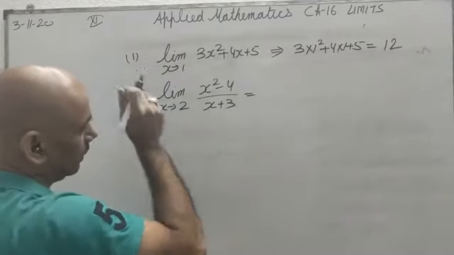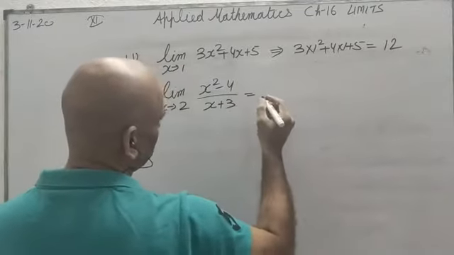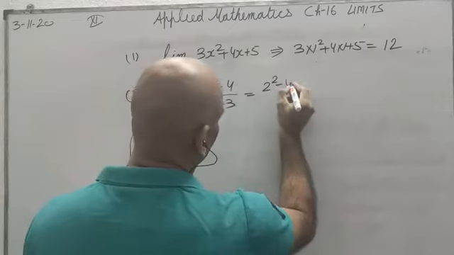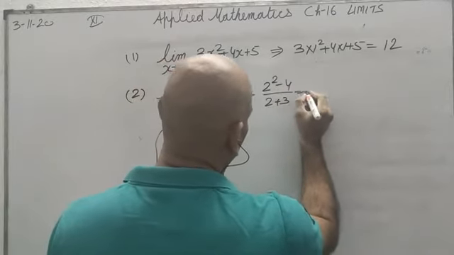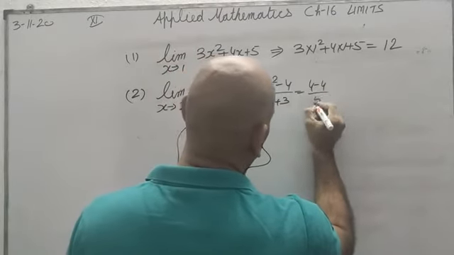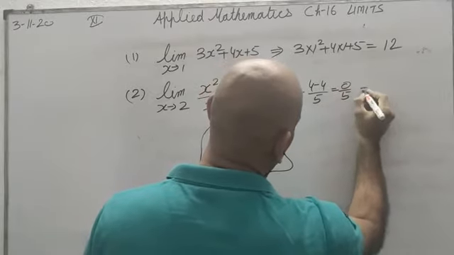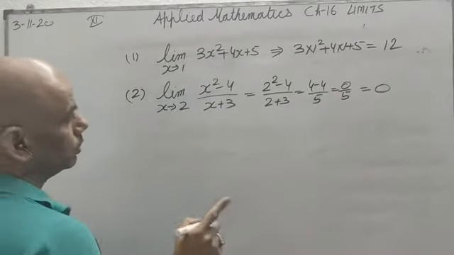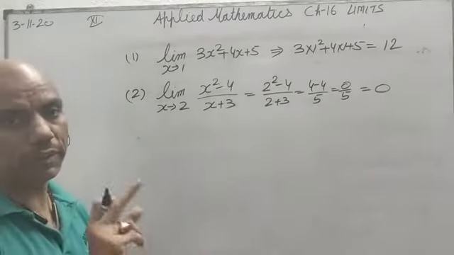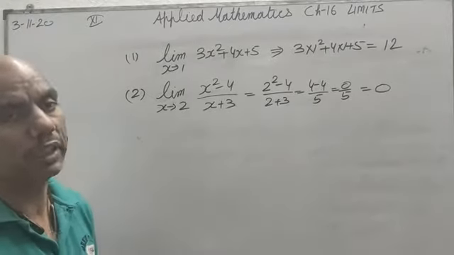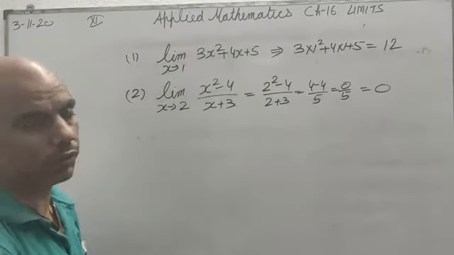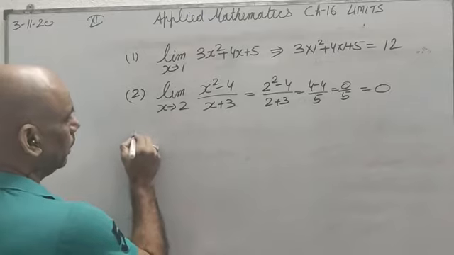I can do it directly. So in place of x I am substituting 2. So 2 square minus 4, 2 plus 3, that is 4 minus 4 upon 5, 0 upon 5, the answer is 0. So 0 upon 5 is possible, but once 0 upon 0 is there, you will have to reduce to other forms, and then only you can substitute the limits.